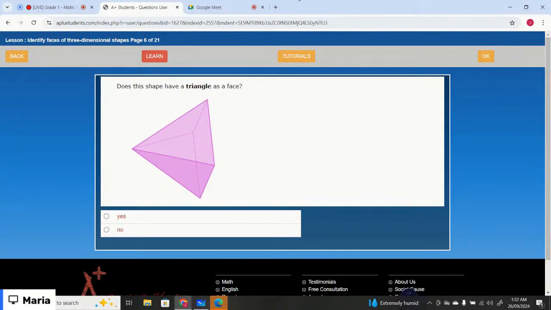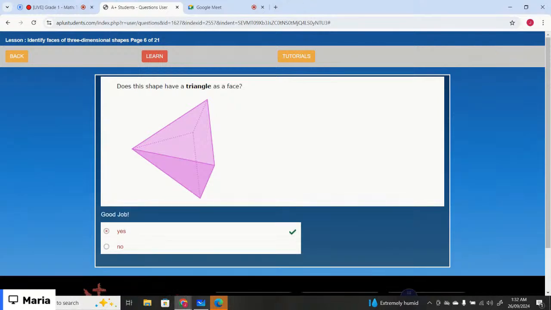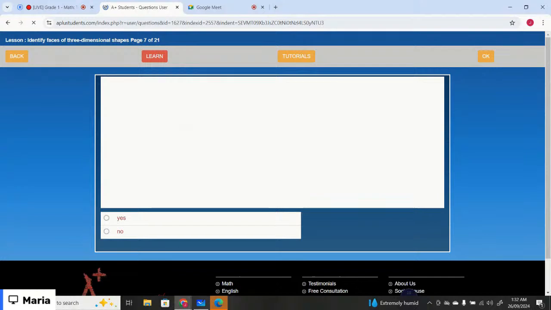The correct option is yes, the shape has a triangle as a face. Does this shape have a square as a face? No. Okay, you can complete the lesson by yourself later today.